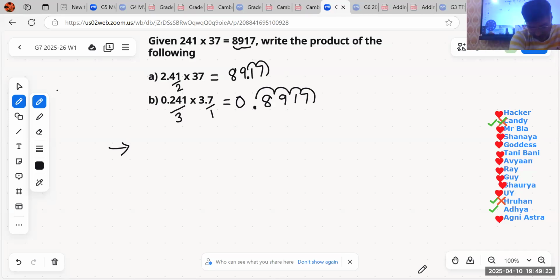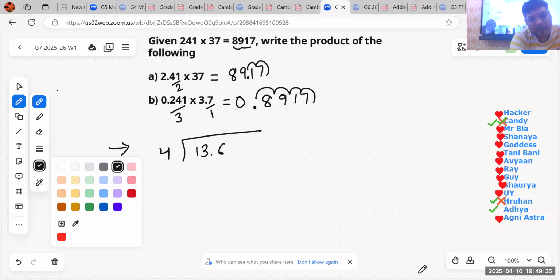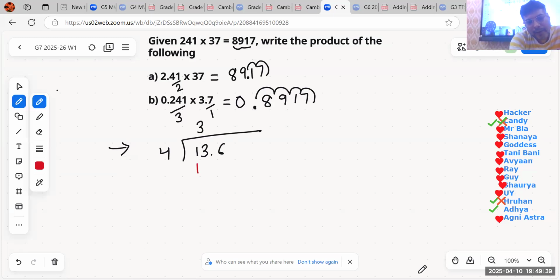So we have 13.6 divided by 4. So guys, I can do 4 threes are 12. So I will get 12 here and 3 here, and 1 will be my remainder.